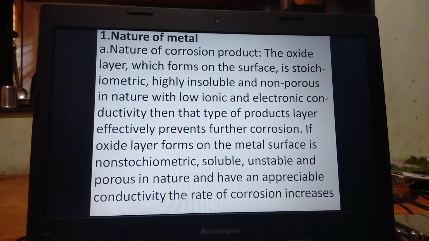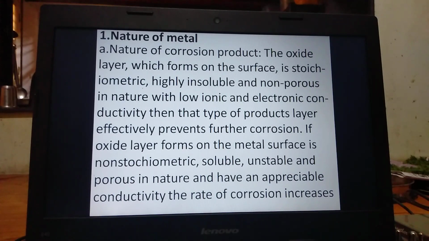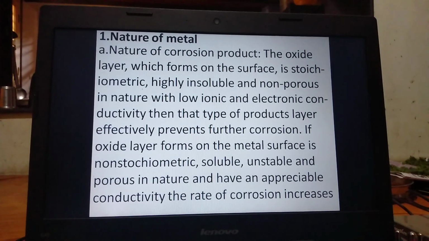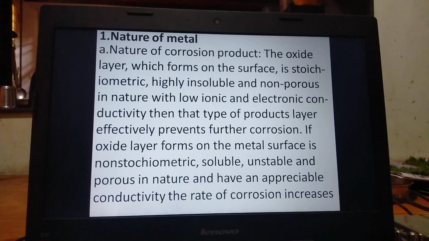If its composition is stoichiometric, highly insoluble and non-porous, with low ionic and electronic conductivities, then the layer formed effectively prevents further corrosion. Aluminium, titanium and chromium develop such a layer on their surface and become passive to corrosion.